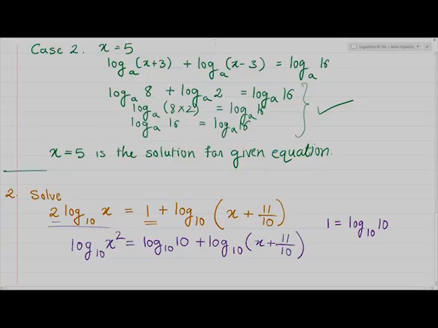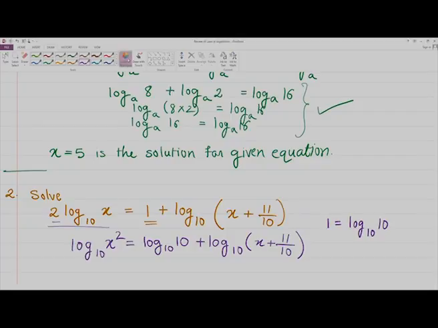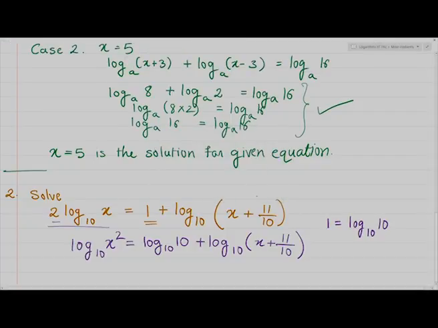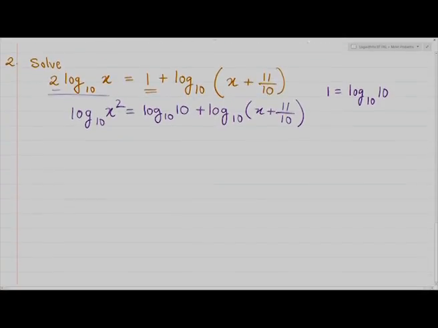Okay. So, let me change the color now. I will put the color as green again and try to solve this problem. Okay. So, now here all the bases are same. So, I can use my multiplication rule.